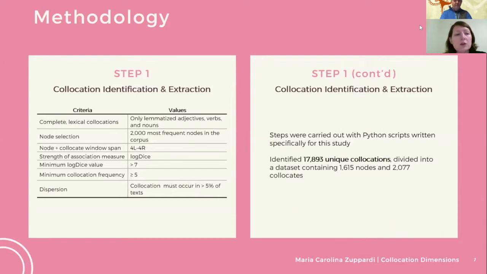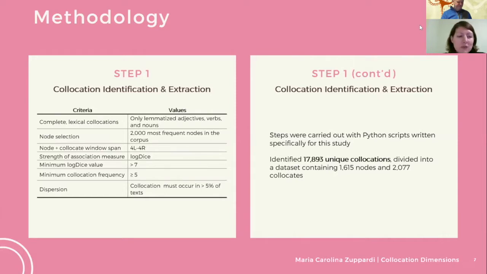Then I chose the 2,000 most frequent nodes in the corpus as my starting point, and found the collocates for those nodes across a window span of 4 to the left and 4 to the right. The strength of association measure that I chose to use was log dice since, as Berber Sardinha says, it's a middle ground between MI and T-score.